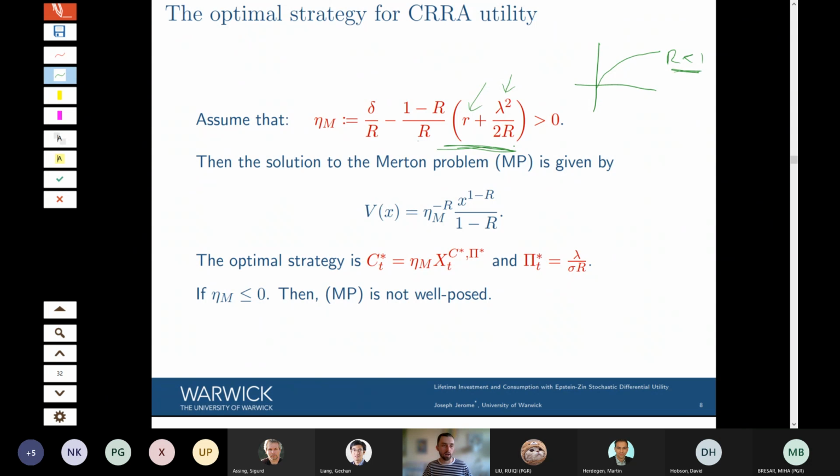And in the case r greater than 1, it flips around. So negative interest rates bring in constraints to the theory in a way, right?